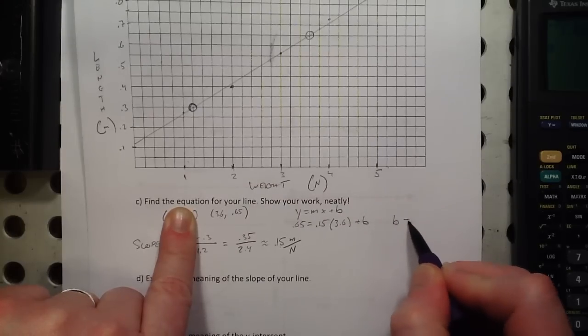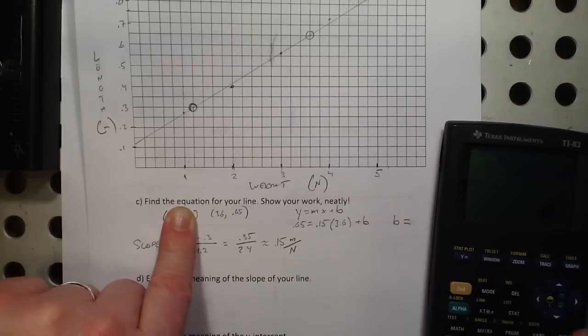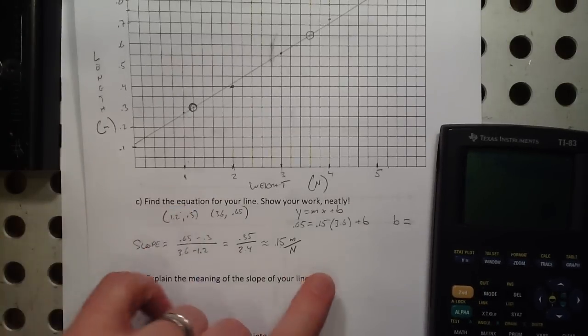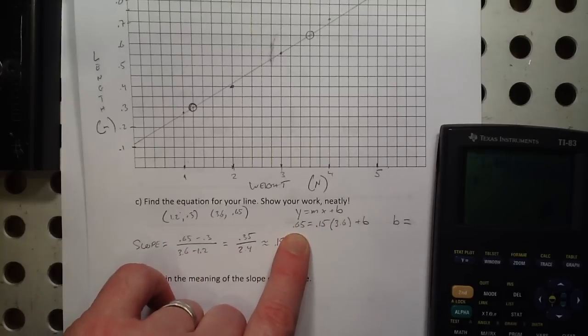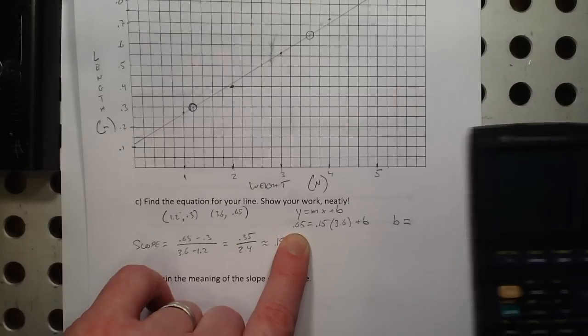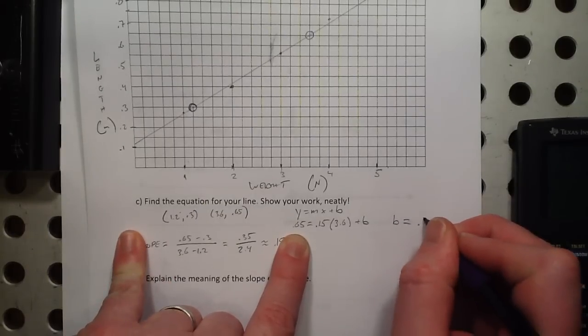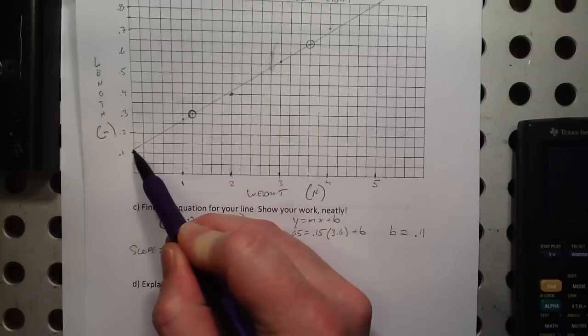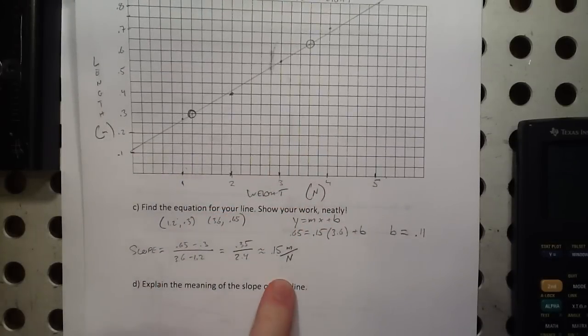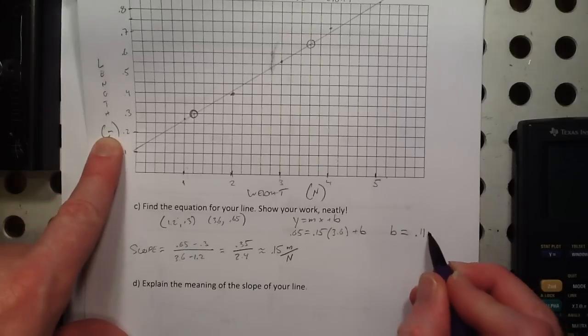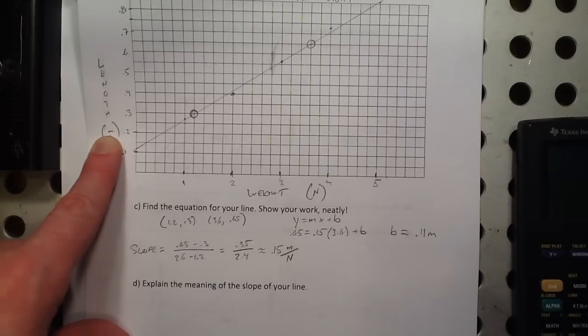So solving for b, that gives me 0.65 minus 0.15 times 3.6, which is about 0.11, and that looks pretty good, consistent with my graph there. And that's the y-intercept, so that'd be in meters.